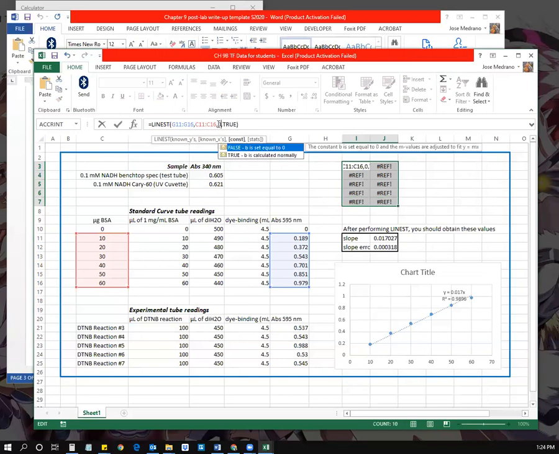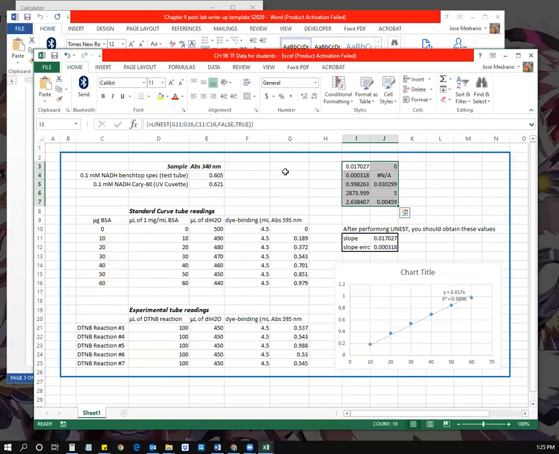If I put 0, I think this is just supposed to be false. Control Shift Enter. Yeah, okay, that's what it was. So basically I went a little too far in selecting my corresponding x values. I did want to have that first part be false and that second part be true.